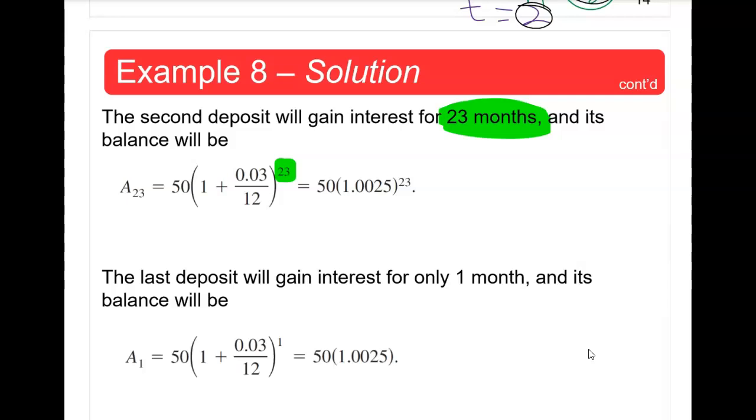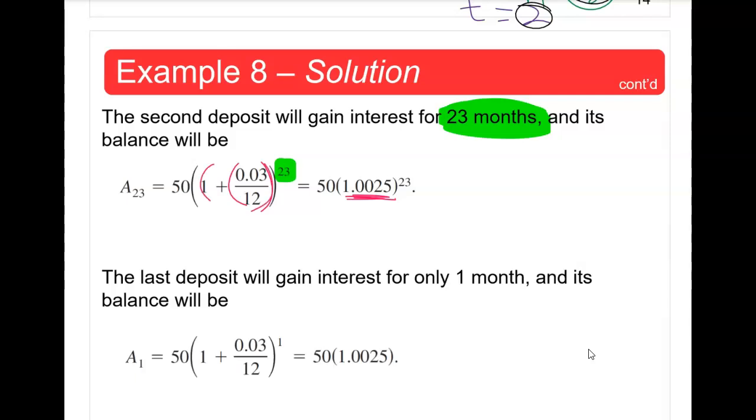So if we do enter that on the calculator, remember first you will have to calculate to obtain this number, what is 0.03 divided by 12, then you add a 1, and that's how you get the number here.